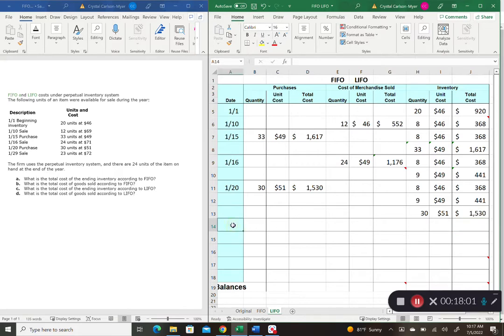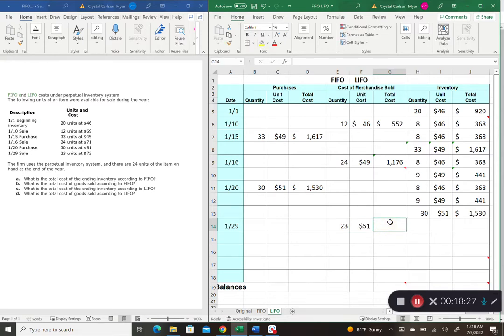All right, when I make my sale on the 29th, again, we're using last in, first out. So I sold a total of 23 units, and I'm going to sell them from the last ones that I purchased first. I purchased 30 units was the last amount that I purchased, so all of those 23 units can come from this $51 cost layer.